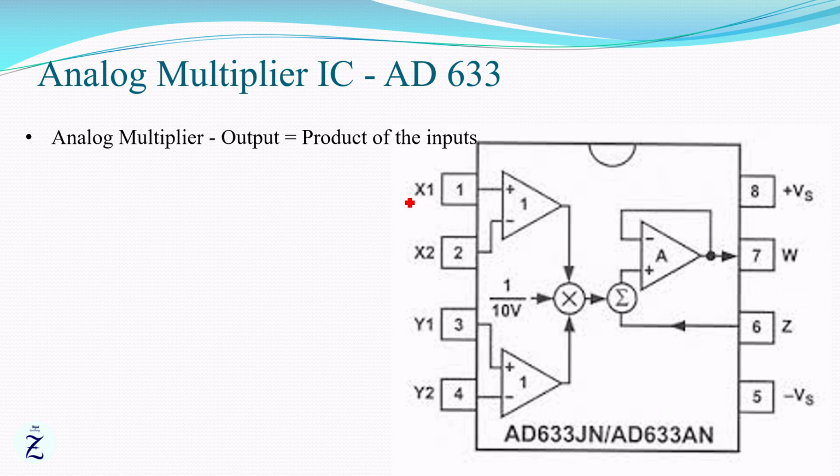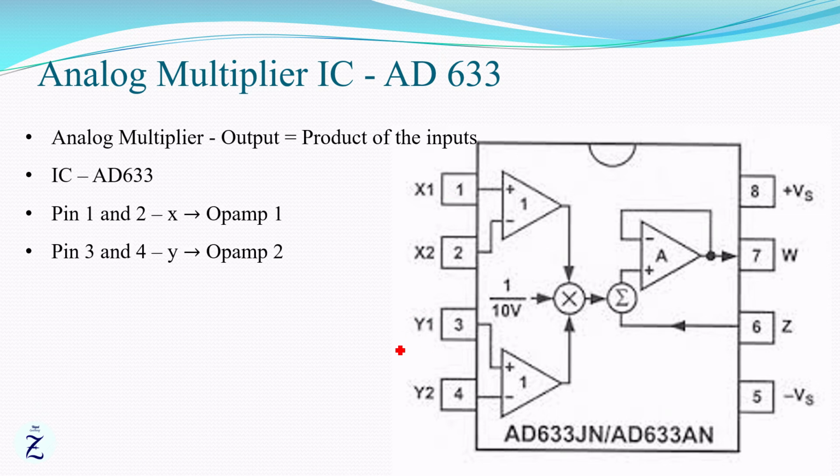We can see at pin number 1 and 2 we can apply two inputs X1 and X2, and pin numbers 3 and 4 we can apply another two inputs Y1 and Y2. These inputs are connected to two different op-amps.